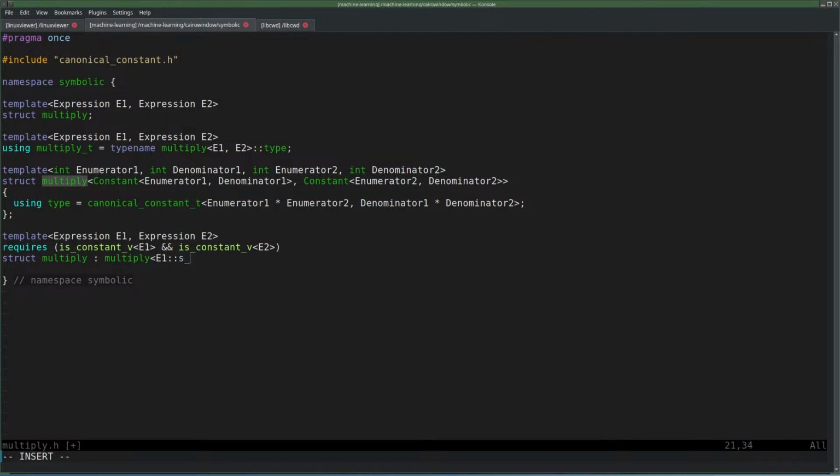It's an int, right? So as enumerator. And then the same but for E2.